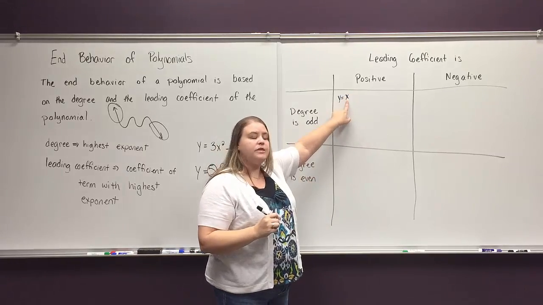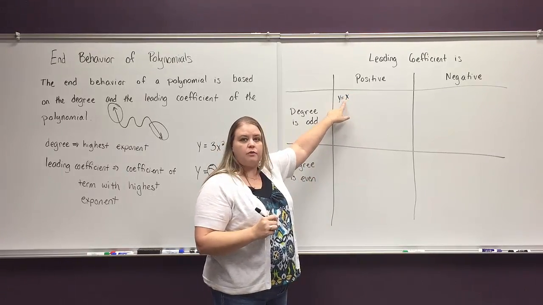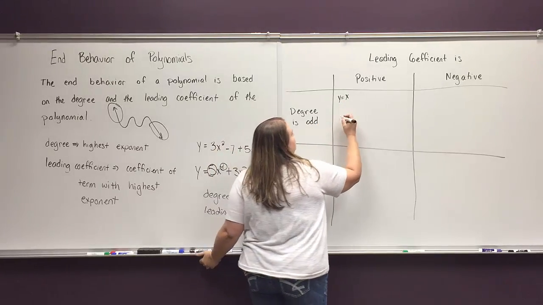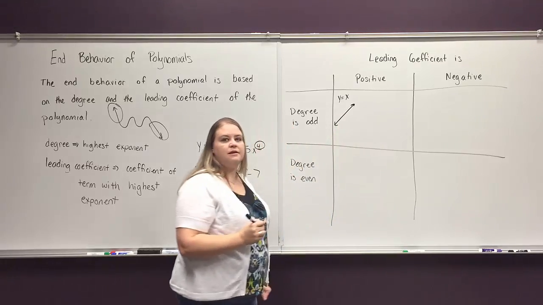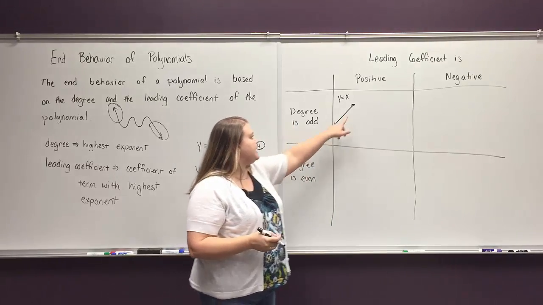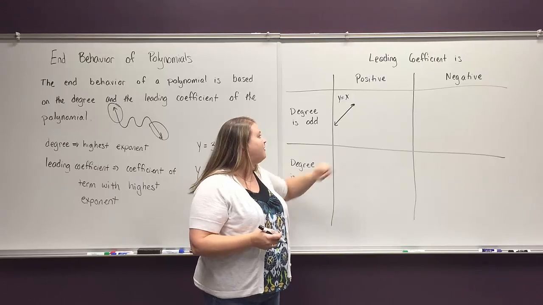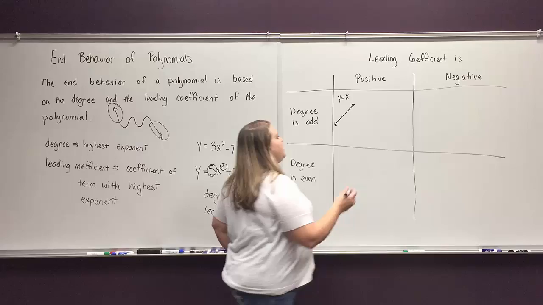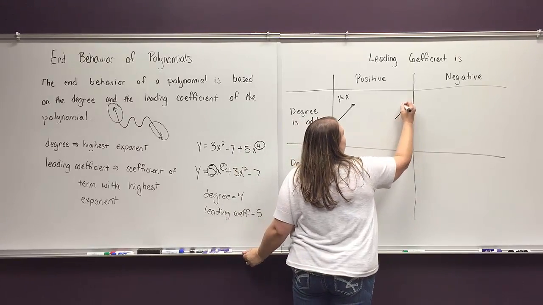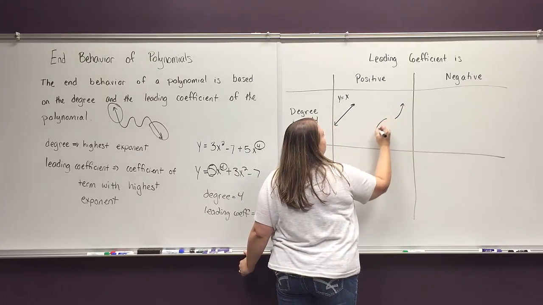My degree is 1, which is odd. My leading coefficient is 1, which is positive. And we know y equals x looks something like this. And so if I'm observing the end behavior of this graph, I notice that it rises on the right and it falls on the left. So we would model that end behavior with a right arrow going up and a left arrow going down.